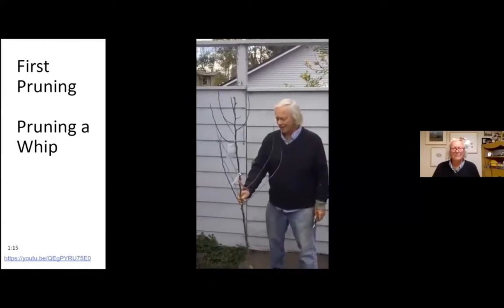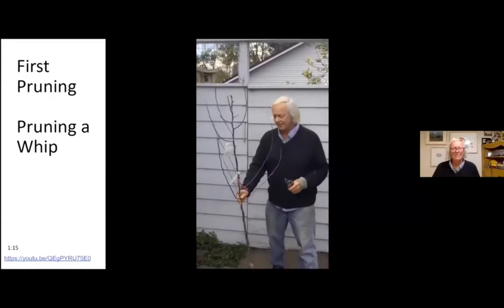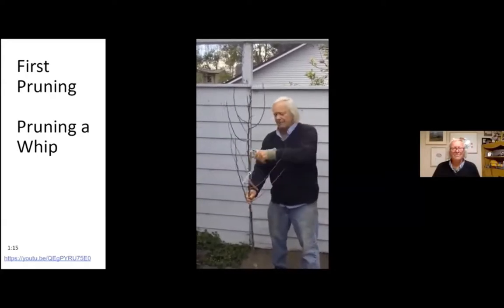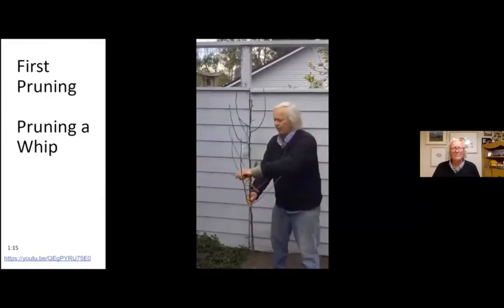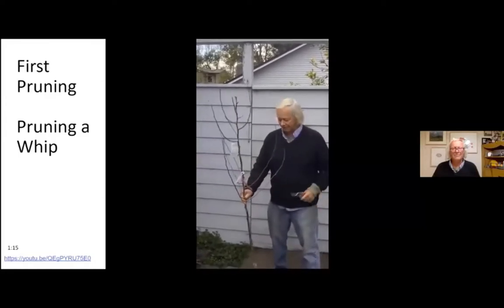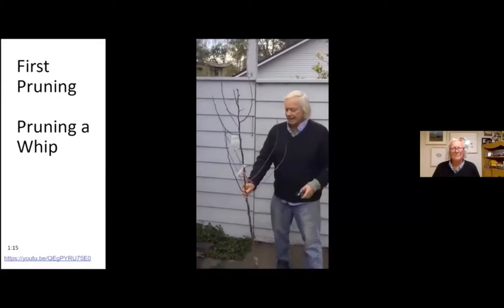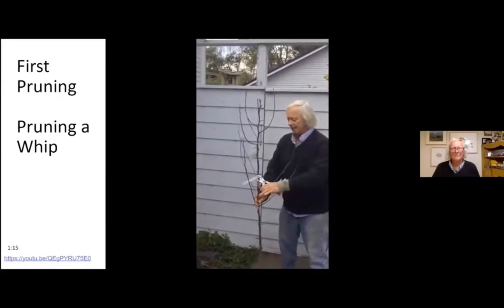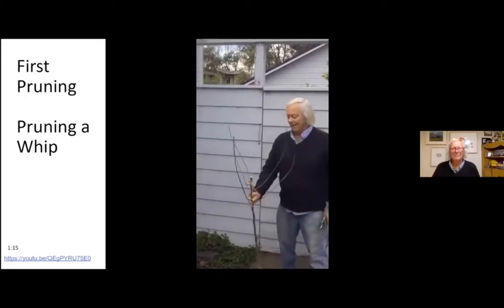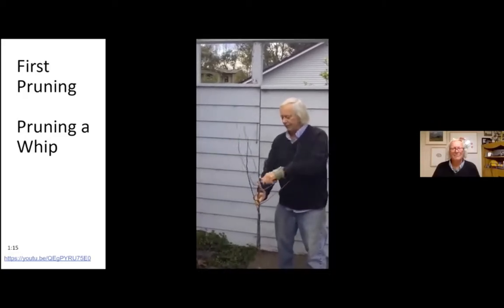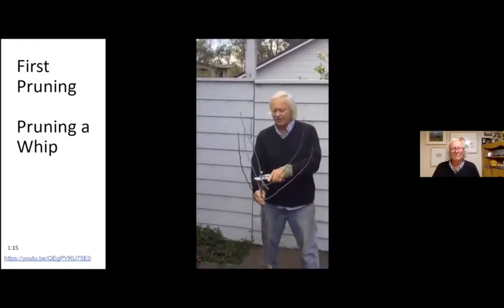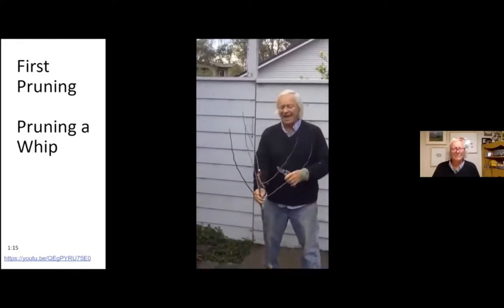This is really quite simple. Don't be alarmed. The open center is composed of 3 to 5 primary branches that are spread equidistant one from another around 360 degrees of the trunk, and they grow up and out at about a 60 to 70 degree angle, and it might look about like that. There I have 1, 2, 3, 4, 5, okay in number, but you notice this branch is over this branch, and that's a no-no.